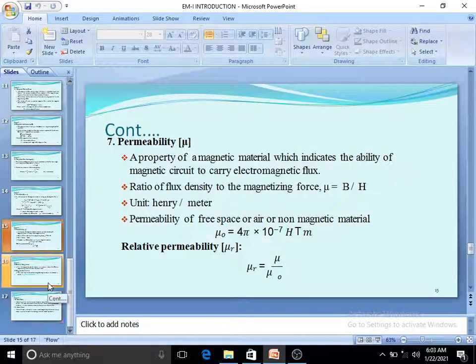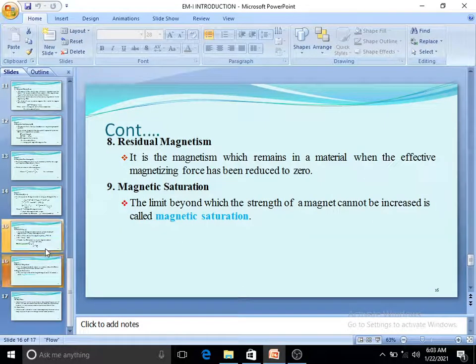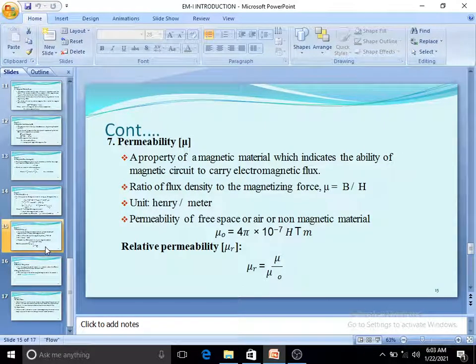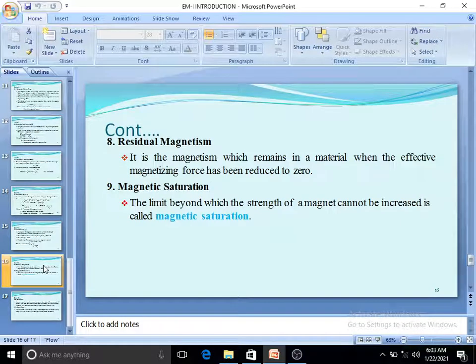Right? So here we need to focus on two terms, residual magnetism and magnetic saturation. So what is residual magnetism? Let us see. Suppose you have taken a conductor and you are passing a small amount of DC current and creating electromagnetism.